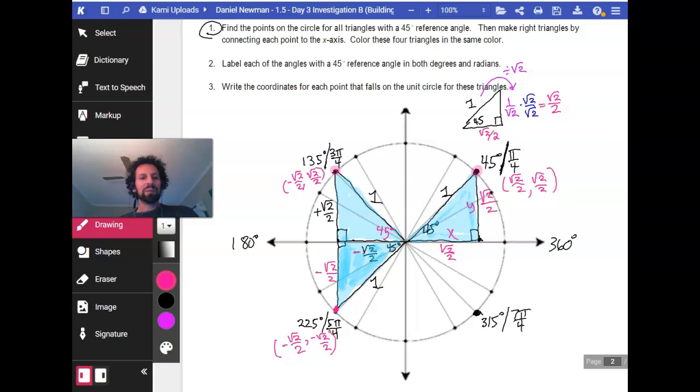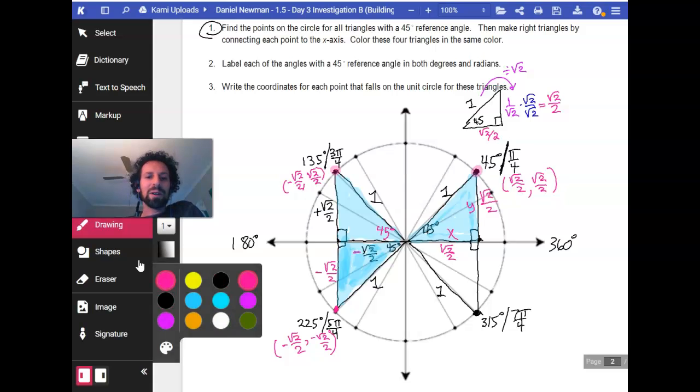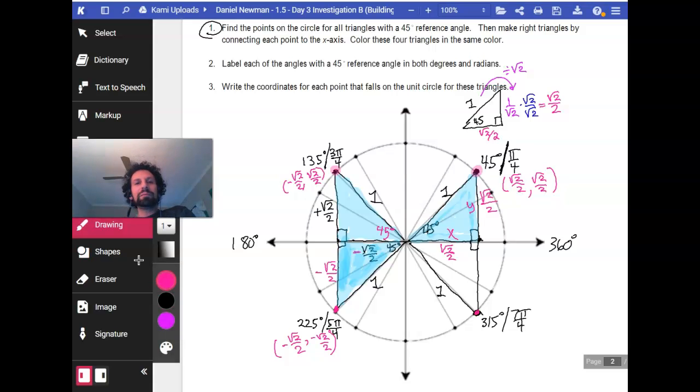All right, well, the same thing's going to happen in the fourth quadrant. So again, we draw a leg to the x-axis, draw the hypotenuse in there. Our hypotenuse's length is 1. We're dealing with this triangle right here, and we're just trying to write the coordinates for this point right here. Well, we already have the x-coordinate because we went to the right rad 2 over 2 to get to the pink point. So our x-coordinate is positive rad 2 over 2.